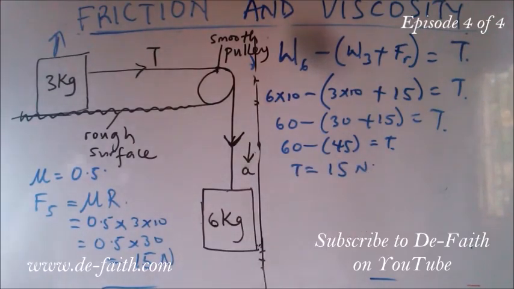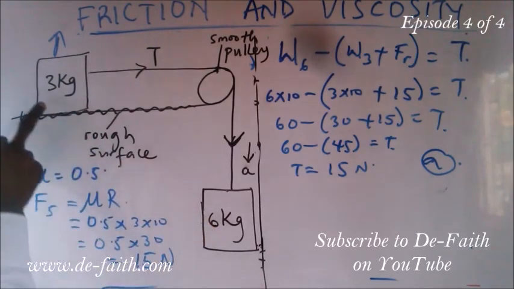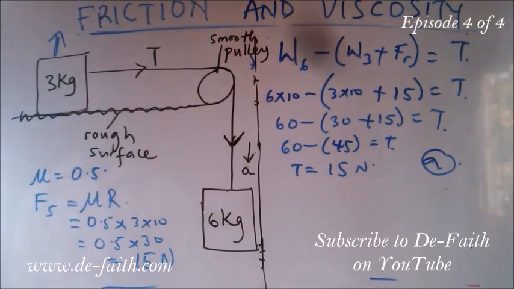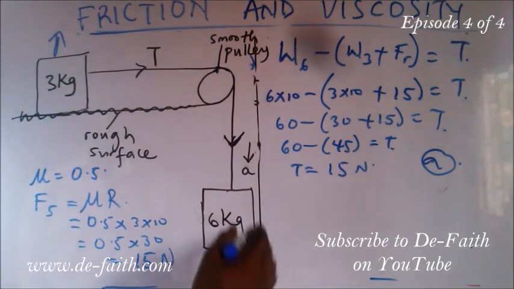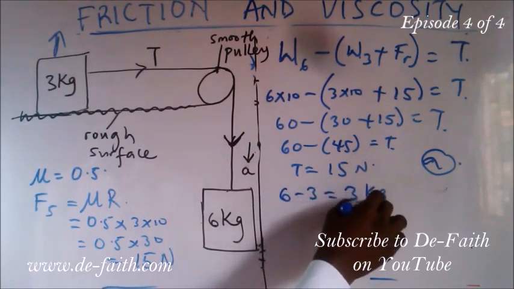But that is not the final answer, because what we are asked to find is the acceleration. For us to now get the acceleration, we will consider that we have a mass of 6 kilogram being slowed down or limited by a mass of 3 kilogram. What is the difference between the masses? The difference between the masses is 6 minus 3, and we are left with 3 kilogram.